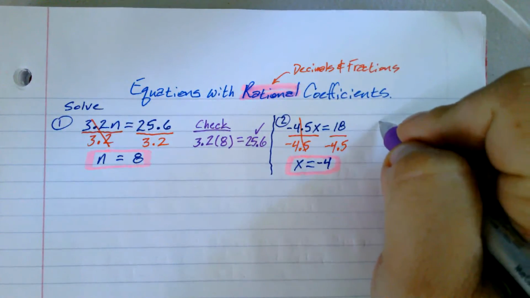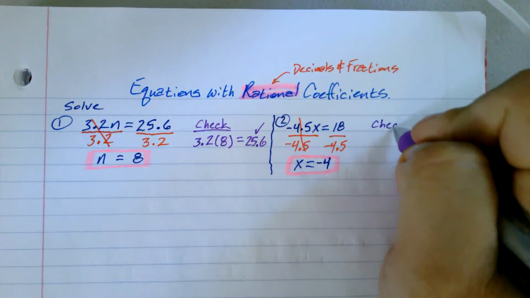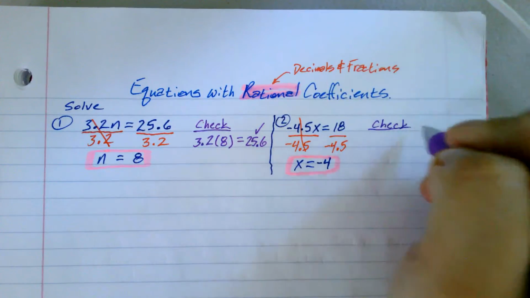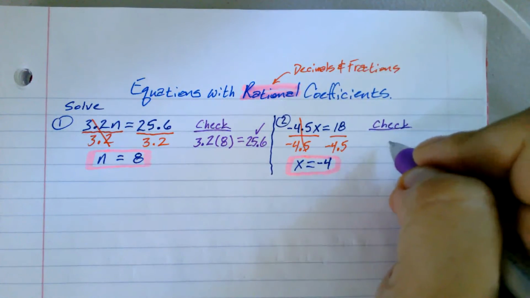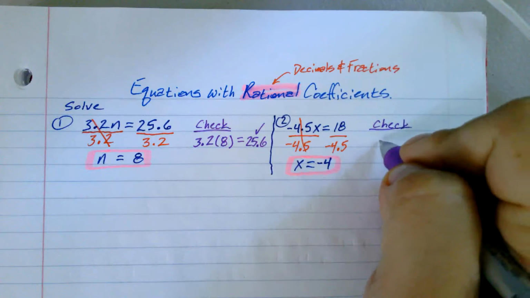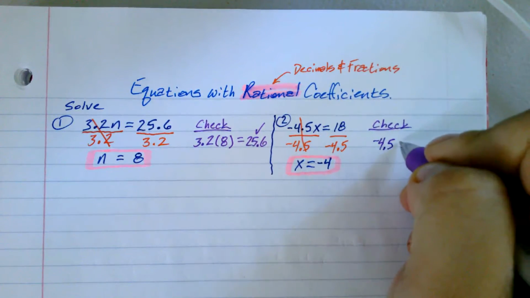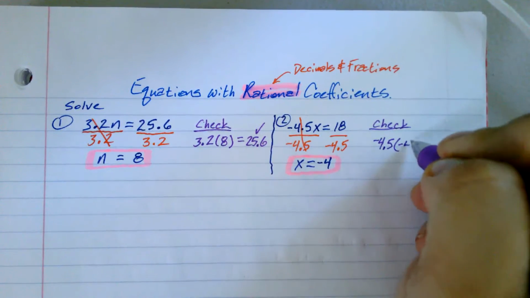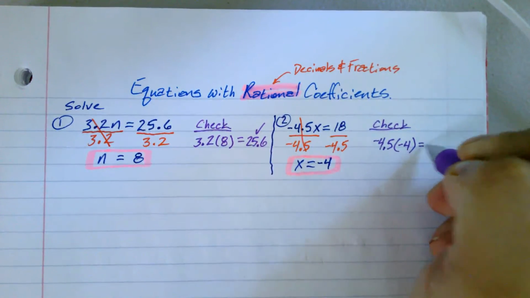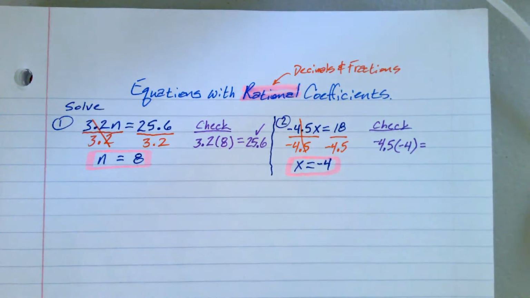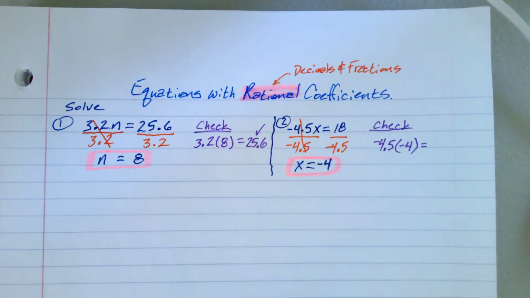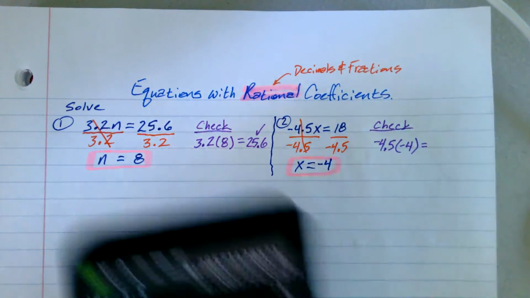So let's do the check. So I have negative 4.5 times negative 4. I like to use parentheses to show multiplication. And you do that on your calculator. You should get an answer of 18. Let's just double check.